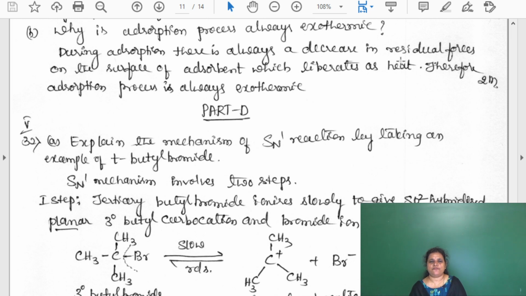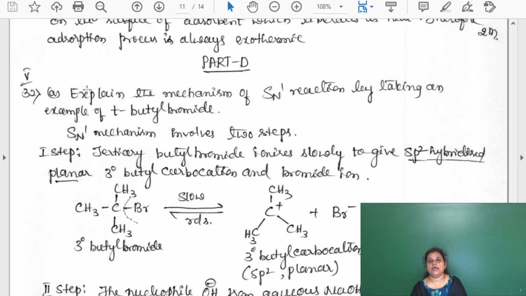Whatever residual forces are present on the surface of the adsorbent, that decreases after the adsorption. So it liberates in the form of heat, because it is a force of attraction between adsorbate and the adsorbent, and that force of attraction liberates the energy in the form of heat, and therefore adsorption process is always exothermic, and that carries 2 marks.